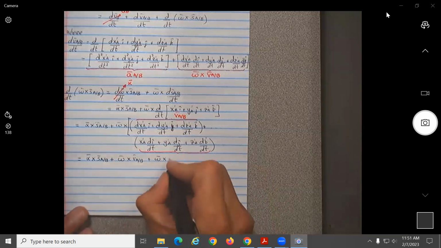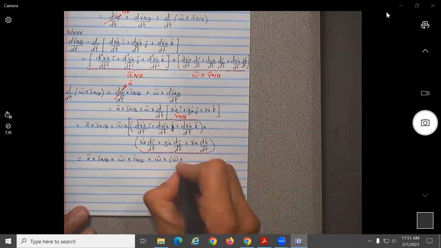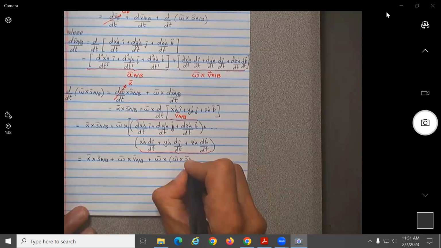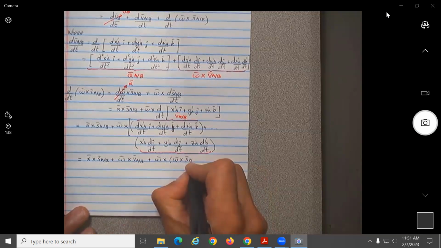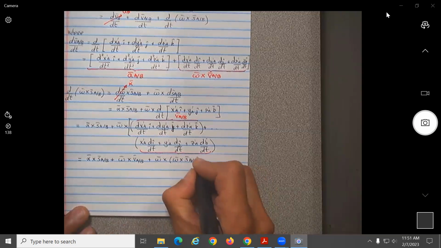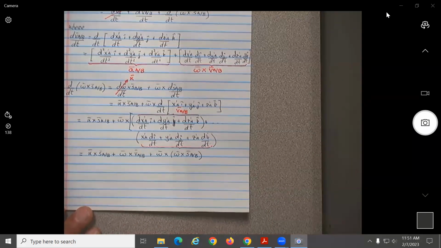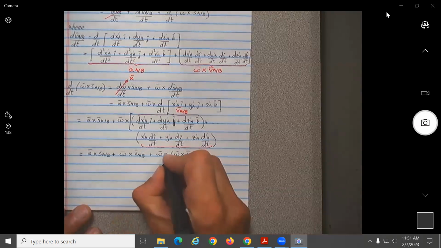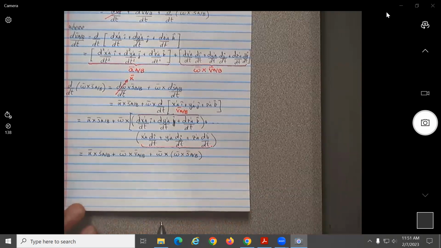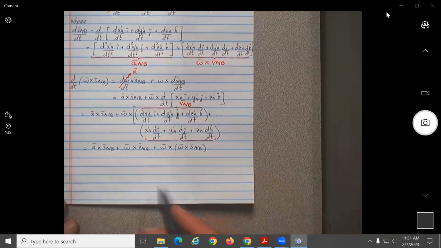So it should be omega cross S of A with respect to B. Is that what we have, no? Yeah. So basically at the end, I'll just go to the next page, okay?